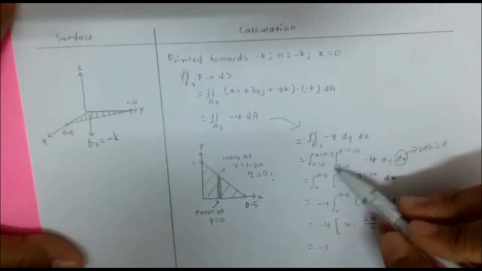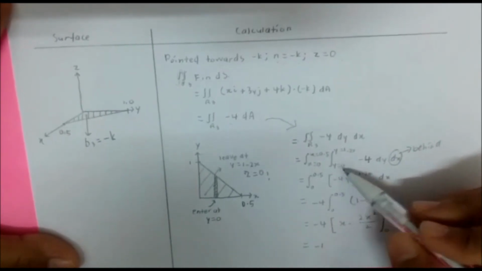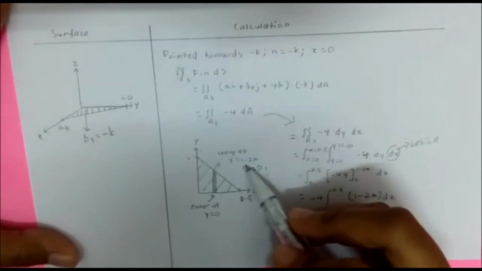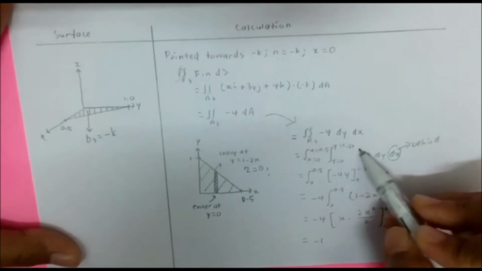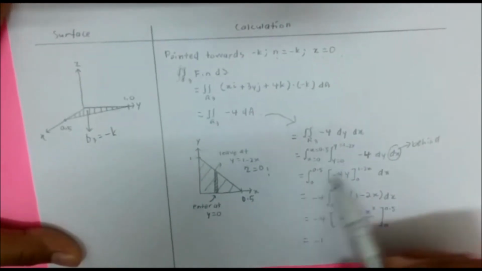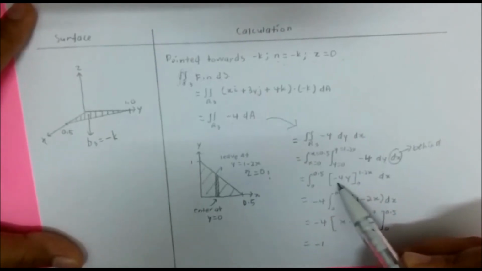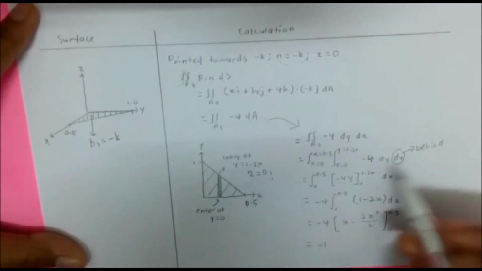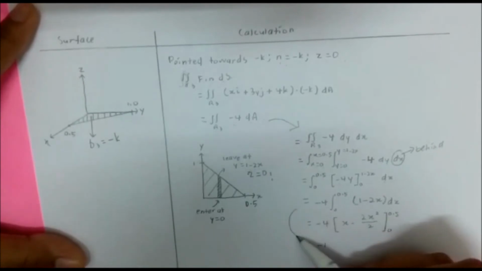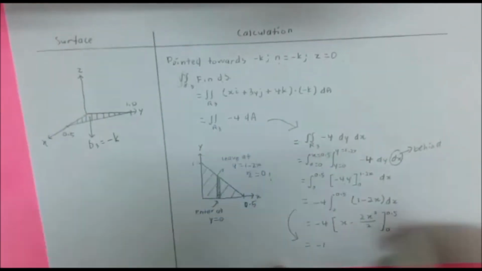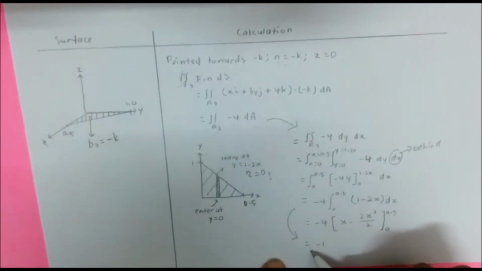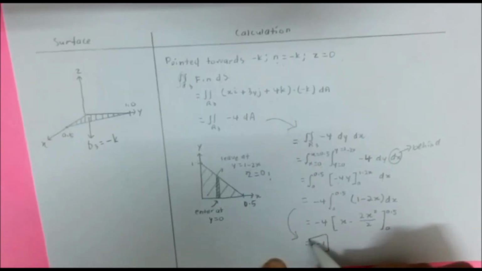Okay, so for the limit y, we know that y equals 0 and y equals 1 minus 2x. And we integrate, we get negative 4y dx. So at the final answer, for the third plane, we get negative 1.